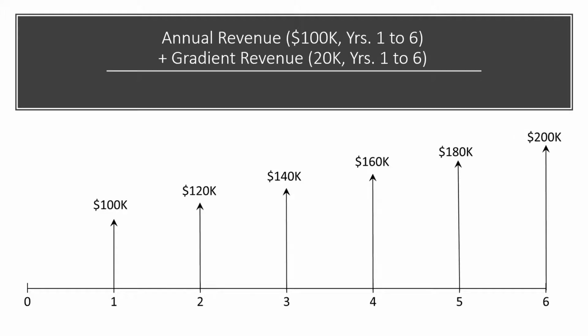That's why we have that 100, and then it jumps up to 120, 140, 160, 180, and then 200 in year 6. Although it looks like a single series because it's just a single arrow, we're going to think of this as two series, one an annual uniform series and one a gradient series.